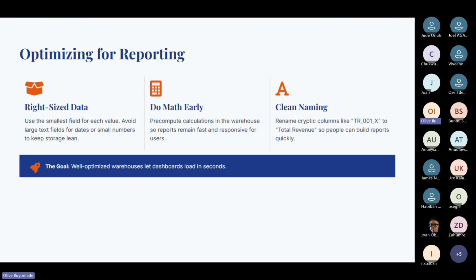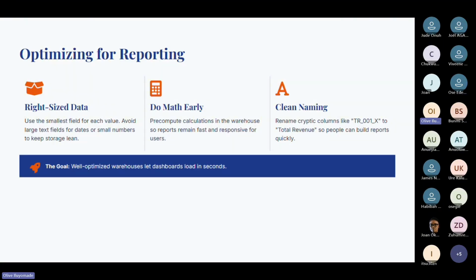Okay. Now, also column names. It's a good thing to have column names that make sense to yourself and to the stakeholder or whoever is looking at your reports. Yeah, the column names are important. So like in this case, if you have a column that is named TR_001_X, whoever is looking at that report will not know what that column is for.